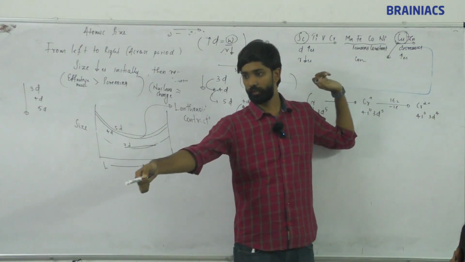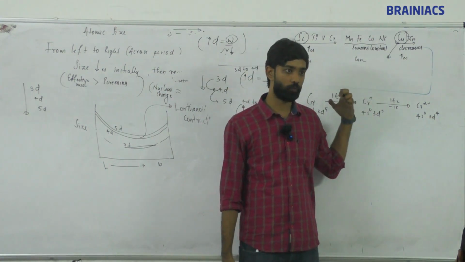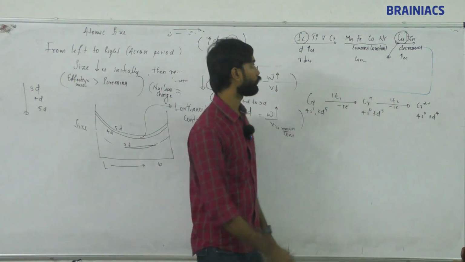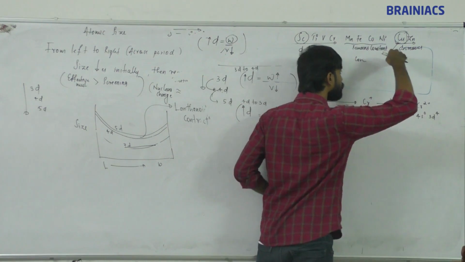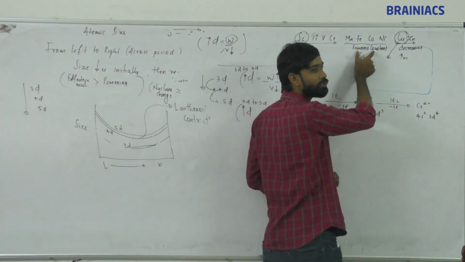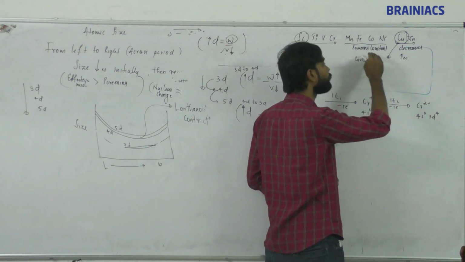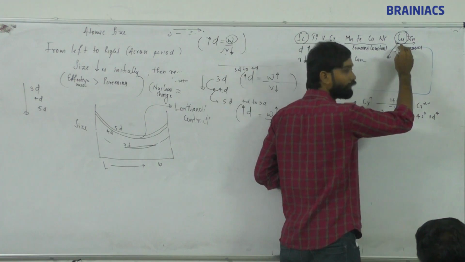That is already written. In d-block elements, the largest size is for lanthanum and the smallest one is for nickel. So it decreases to an extent, and finally there is a small increment.